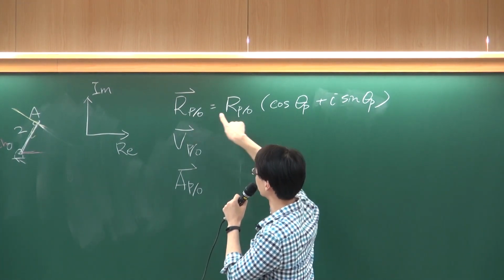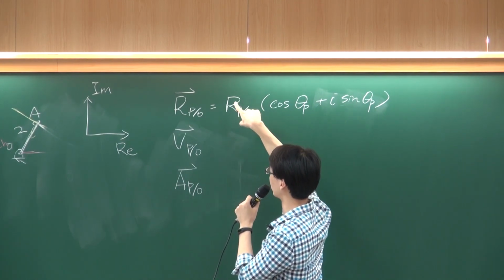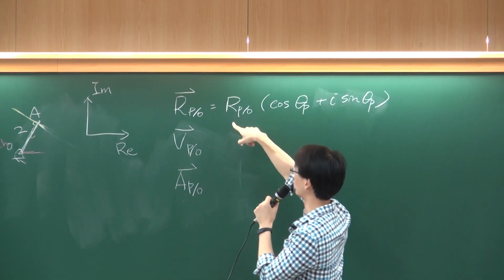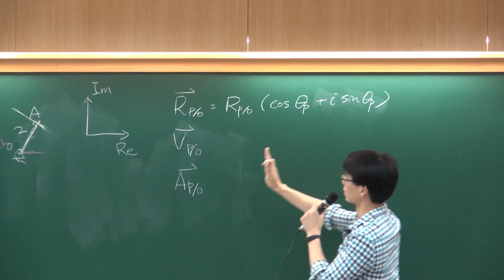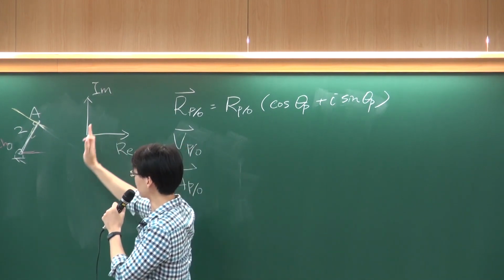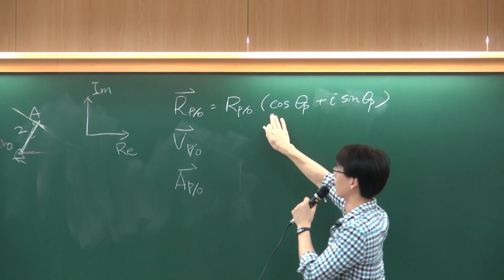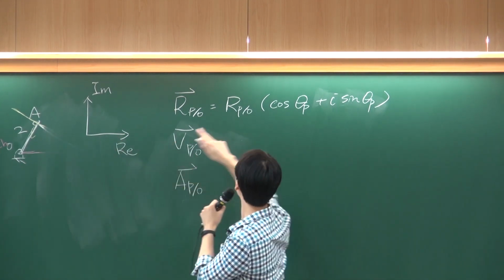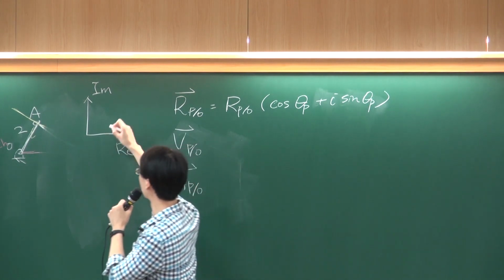And this one is a vector, and this one is the scalar. So this one has only value, there's no vector information in this one. I put the vector information here. So this I means in this direction. And if there's no I for this cosine, that's for the real part, and this is for the imaginary part.